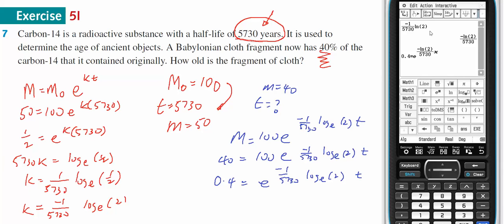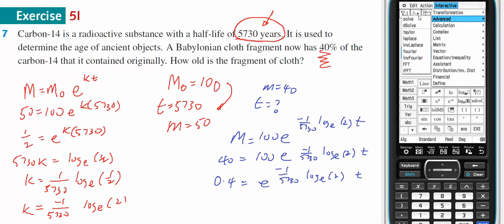Okay, so I've entered what k is, and there's my expression for k. I've got 0.4 equals e to this expression for kt, and I'm going to use Interactive, Advanced, Solve.